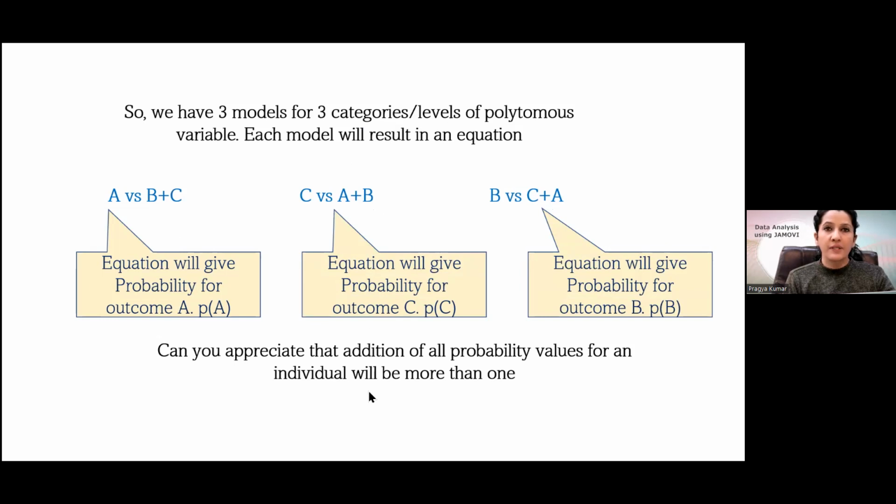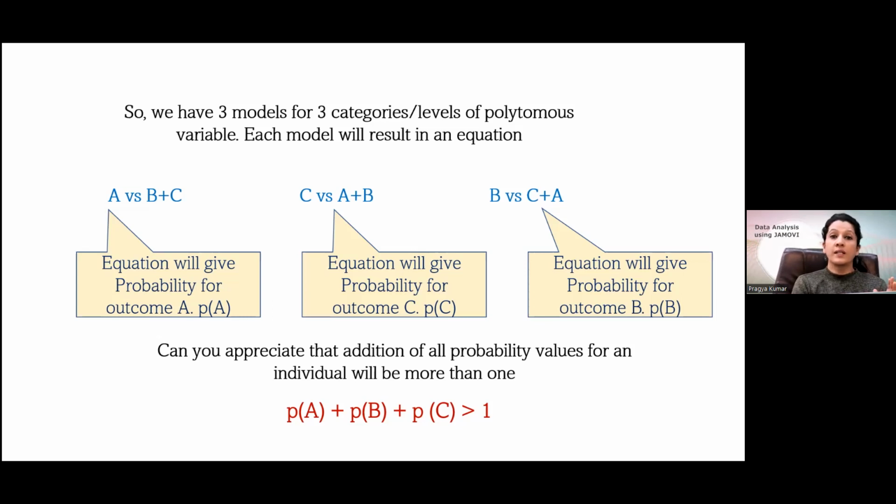So can you appreciate that the addition of all these individual probability values will be more than 1? Because if you calculate 3 different equations and add the probability of all 3, mathematically you will see that the value of probability will be more than 1.